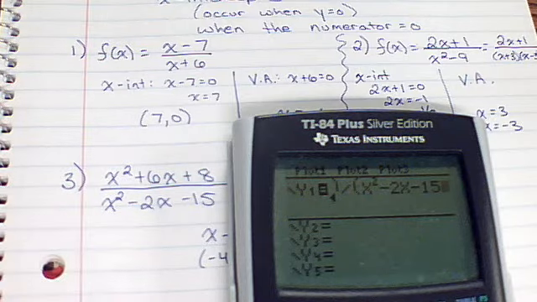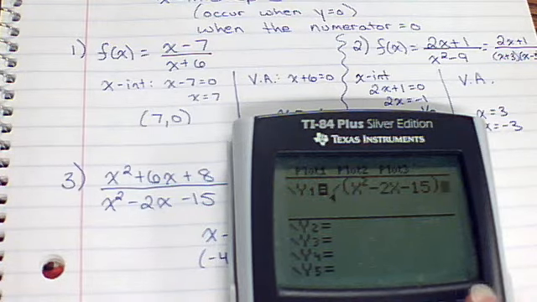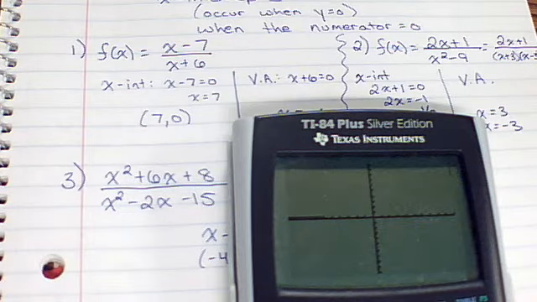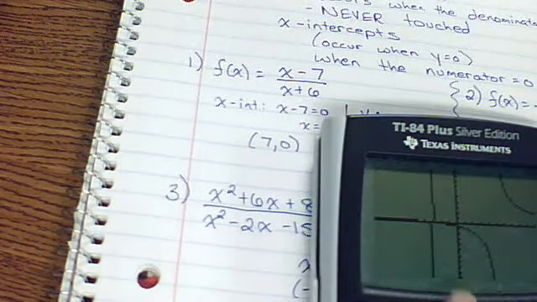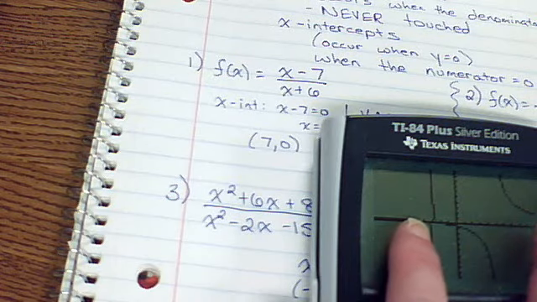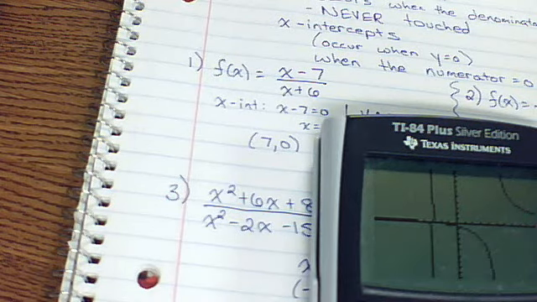So when we made our little chart here, we said that there was going to be two x-intercepts and two vertical asymptotes. So let's see what happens. I see my two vertical asymptotes, and it looks like I cross the x-axis here and here. Now it does get a little crazy there, but that's okay.